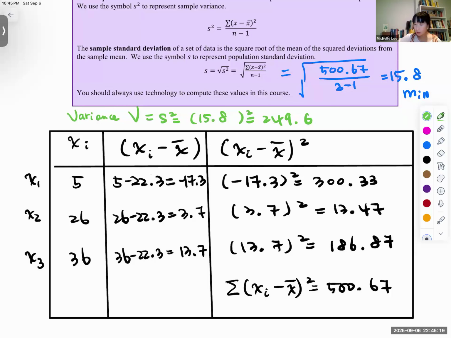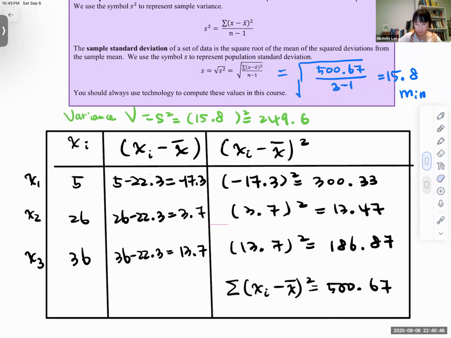Yeah, I totally forgot: if we have whole numbers, then we answer with one decimal place, right? So I made it 15.8. And if we square it, that will be 249.6. It's slightly different from the second. All right, so we know how to use StatCrunch. Very good.